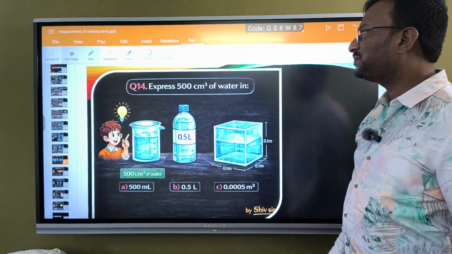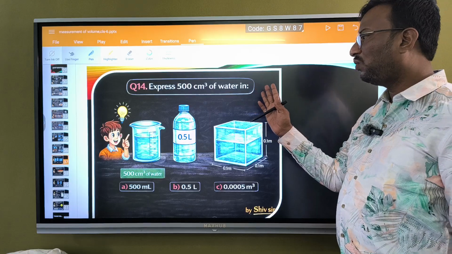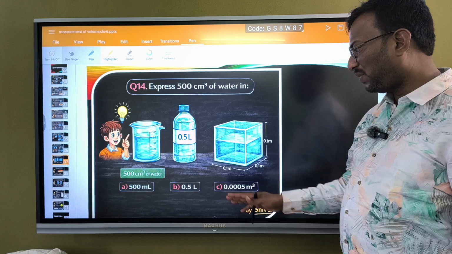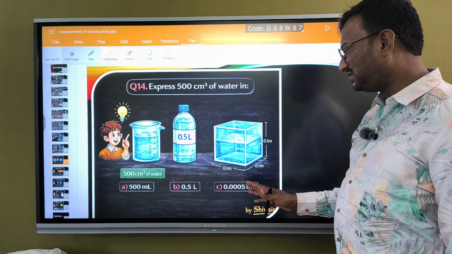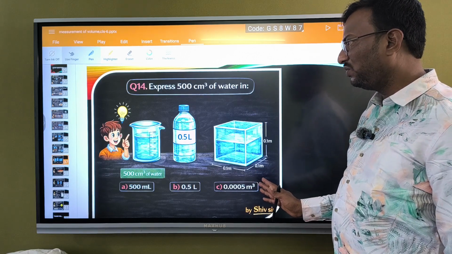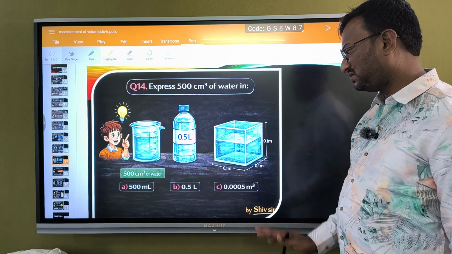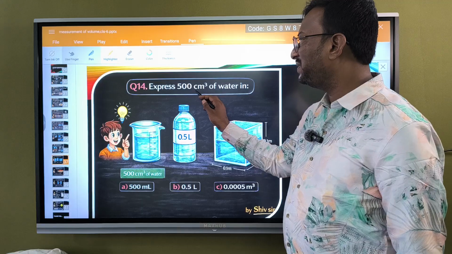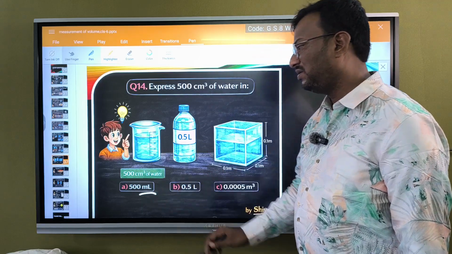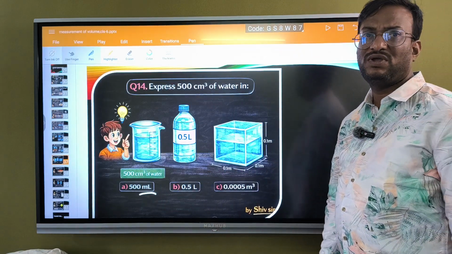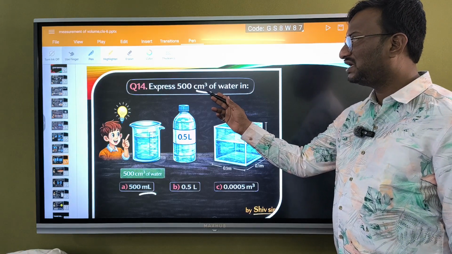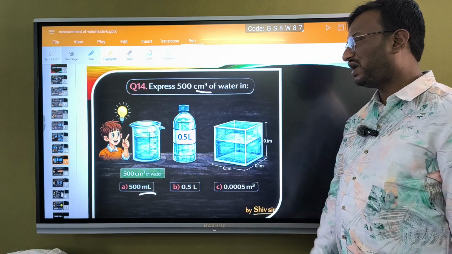Next one, express 500 centimeter cube of water in different units, I mean 500 ml, 0.5 liters and 0.0005 cubic meters. So 500 ml, because 1 cubic centimeter is equal to 1 ml, we already discussed it several times. So 500 cubic centimeters is equal to 500 ml.